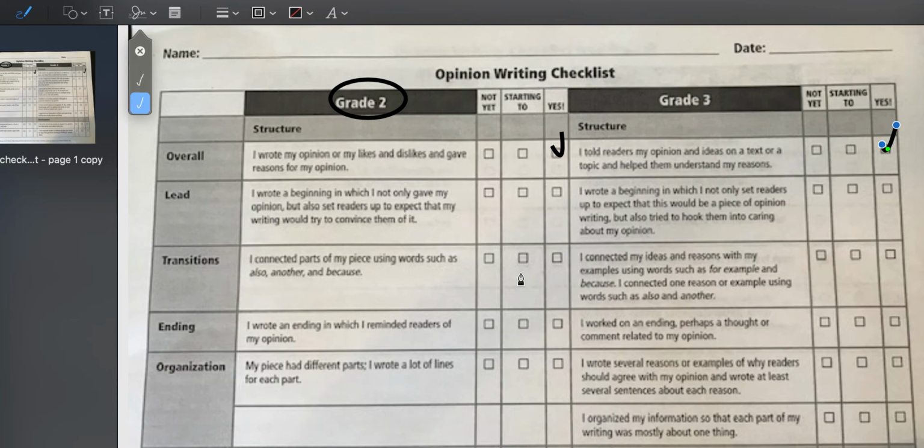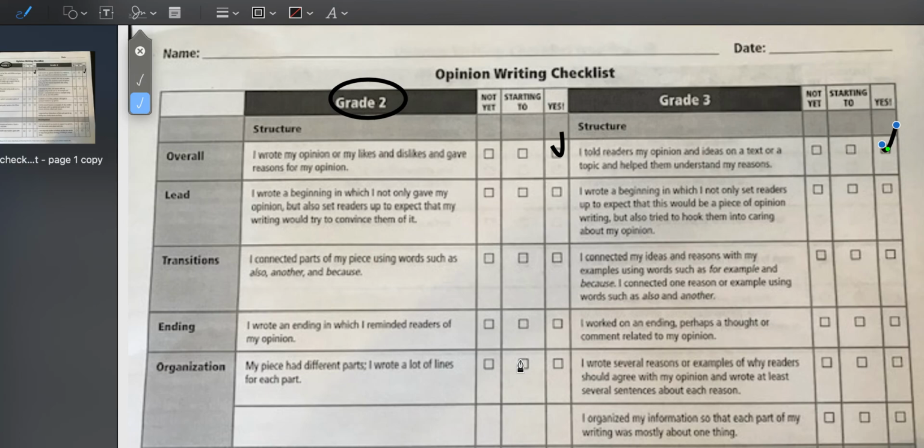By the end of the week, boys and girls, we'll be able to look back and you will see exactly the things that you need to work on. If you marked yes, then those are probably not the things that you're going to need to work on. If you marked not yet or starting to, those could be possibilities that you will want to make into goals. Okay? So, one little piece at a time.